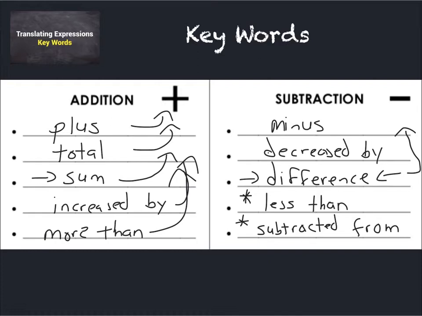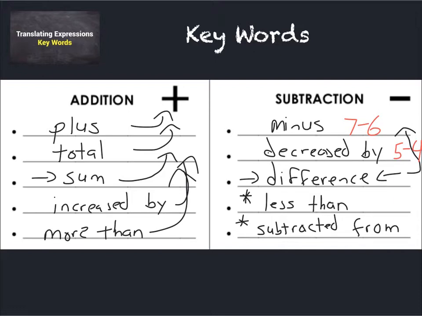Obviously, subtraction's in the phrase, but it's going to be a little different. So, for example, if you see minus, you're going to be subtracting left to right. So if you have a word problem that says 7 minus 6, that's going to be 7 minus 6. Or if you have a word problem that says 5 decreased by 4, that's going to be 5 minus 4. So it's left to right.